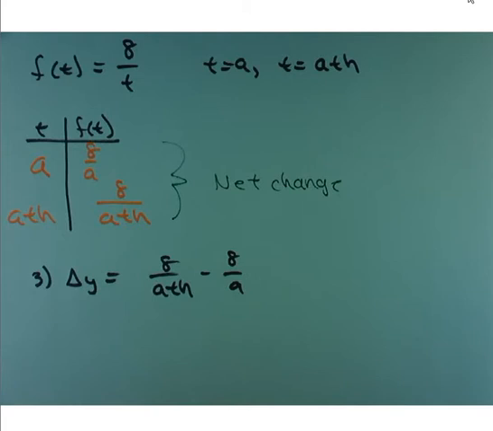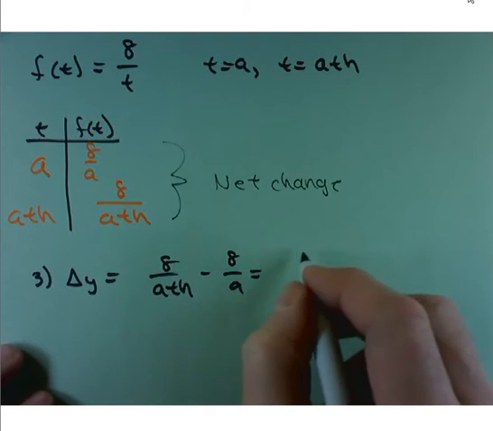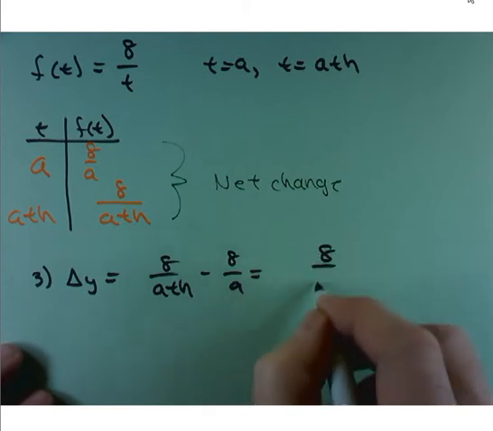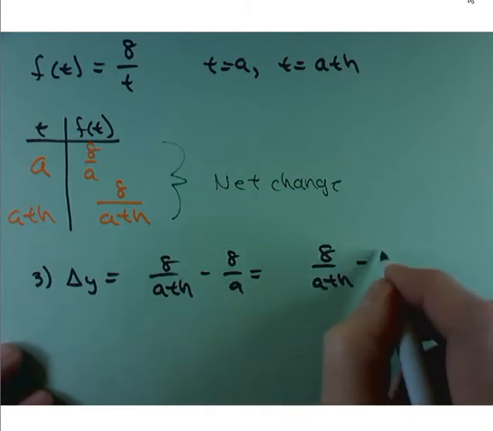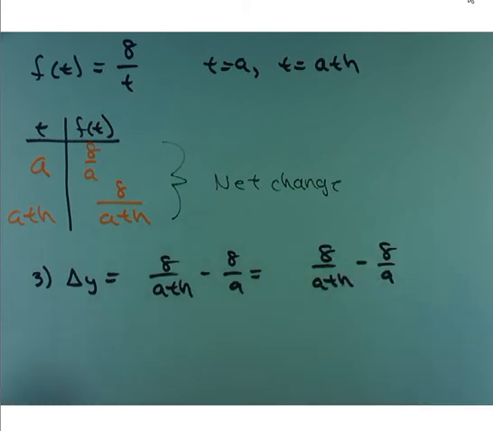Now, if all they're asking you for is the net change, WebAssign should actually take that as your answer. For the second part of this, you're probably going to need to do more work, so let's just do it here. We need to combine this and get like terms. So let me write that as 8 over a plus h minus 8 over a.